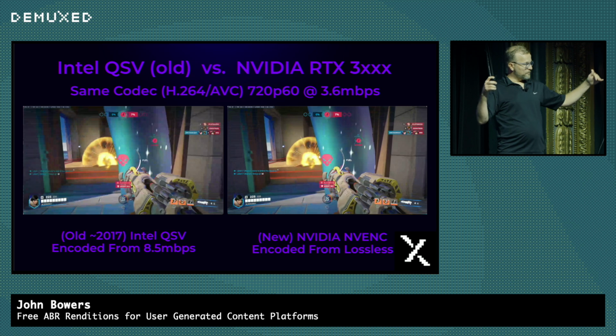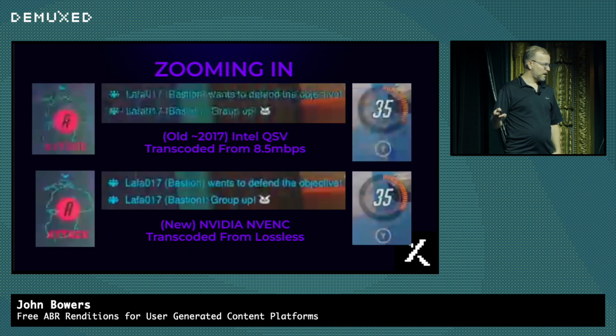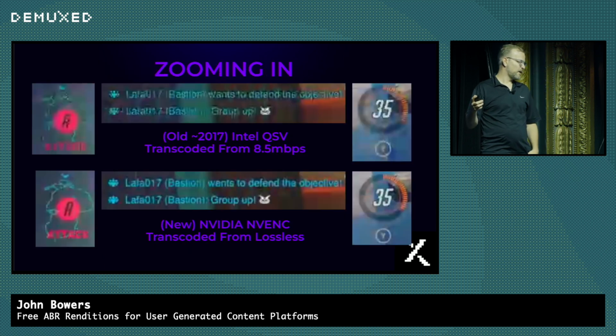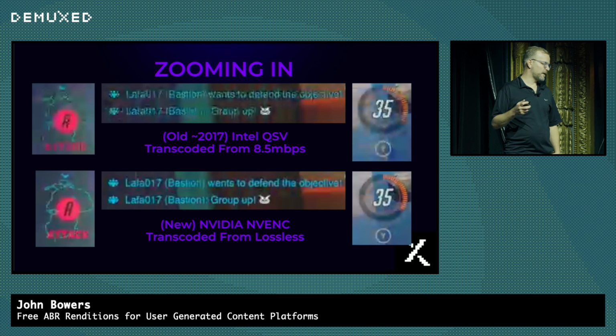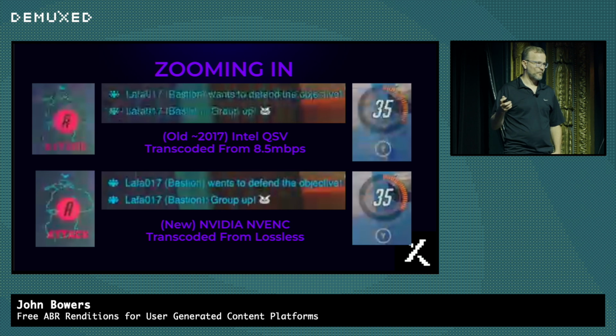And then also, one's encoded from 8.5 megabits and one's encoded from lossless. So let's just zoom in really quick, and you can kind of see like text that was completely illegible before is legible now. It's 720p, it's not amazing. You could juice the bit rate a bit on this if you wanted to improve both of them, but the importance is that these are the same bit rate, and you can see how big of a difference that is.